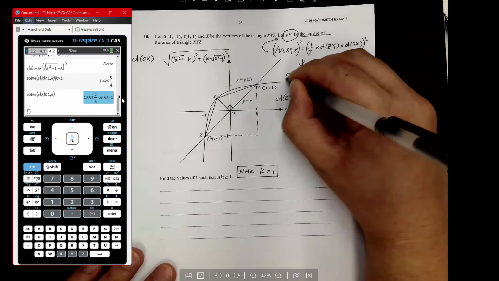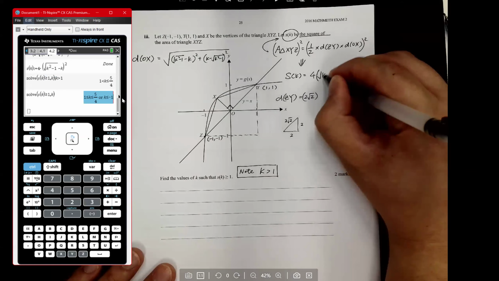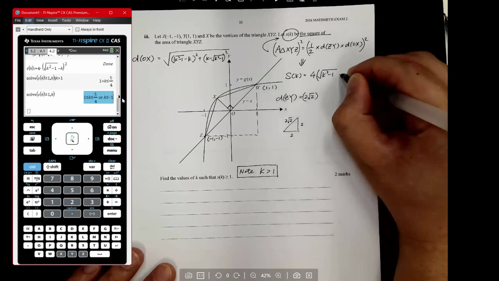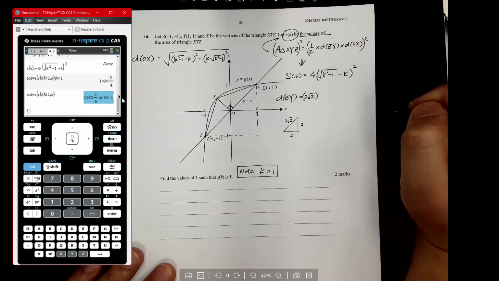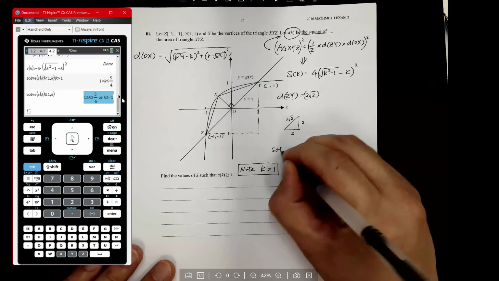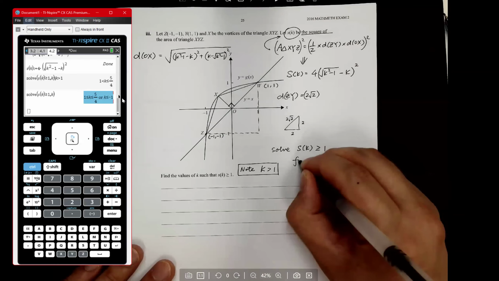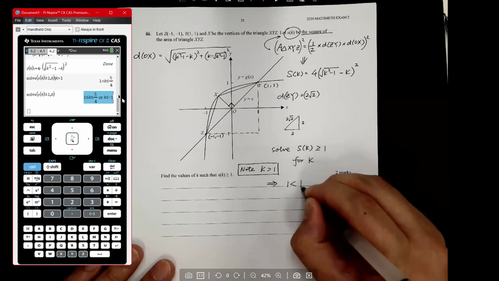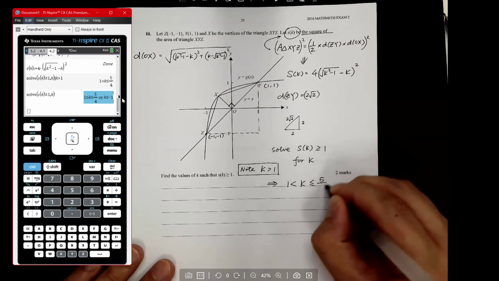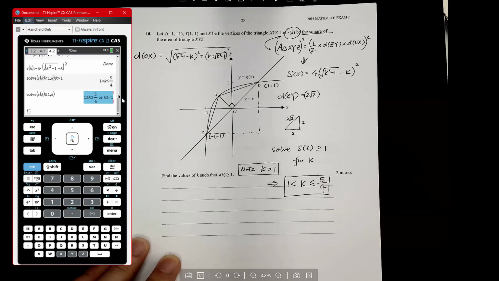All right, S of k is 4 lots of the square root of k squared minus 1 minus k, whole thing squared, okay? We say solve S of k greater than or equal to 1 for k. Eventually, k is larger than 1, but less than or equal to 5/4. So that is the number set we want.